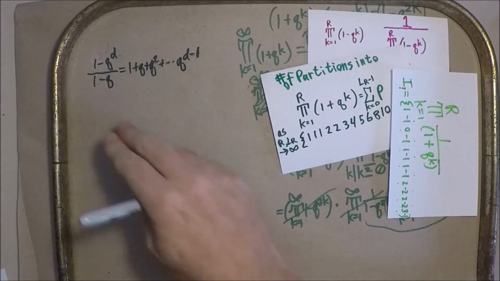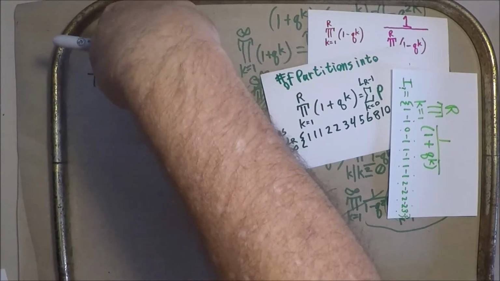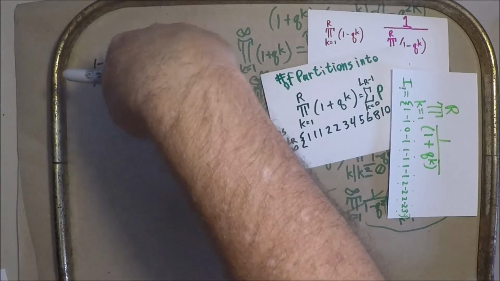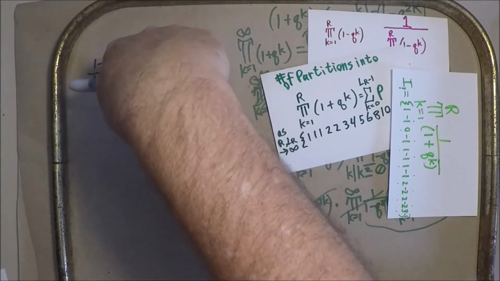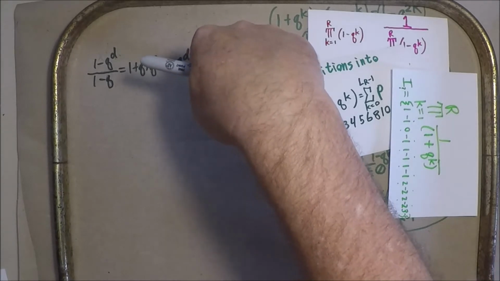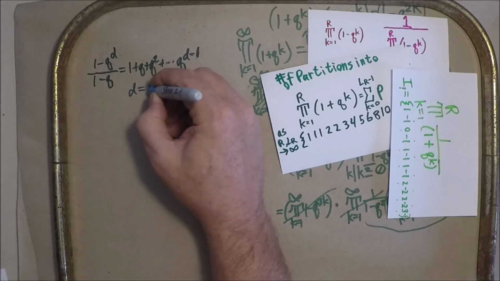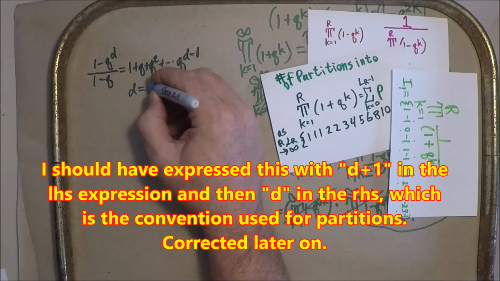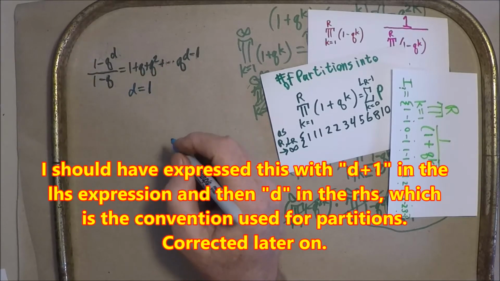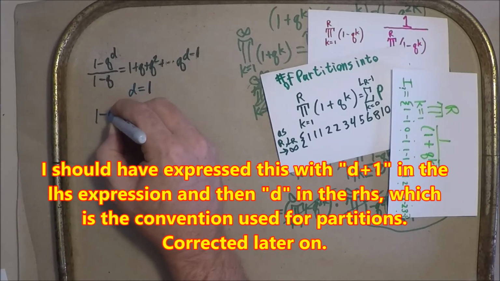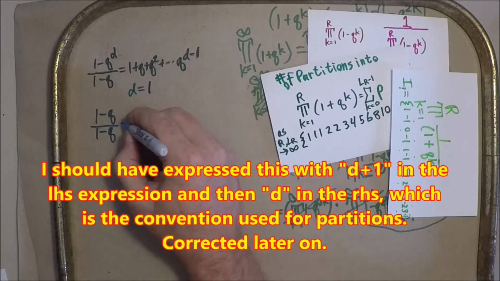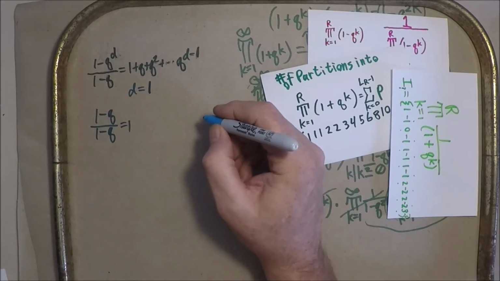And that's obvious because you end up with one copy here and then minus q times a copy of that, placed one below. Same thing we were doing before, just take out the q's. So if d is equal to 1, then we have 1 minus q over 1 minus q, and it equals 1, and that's boring.